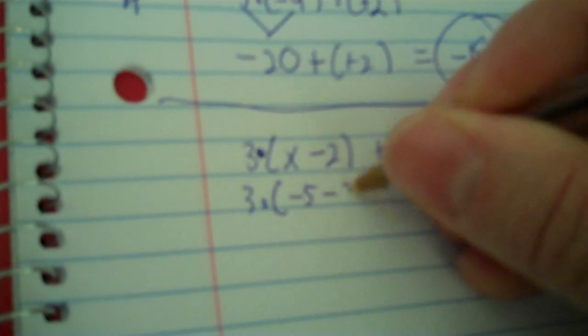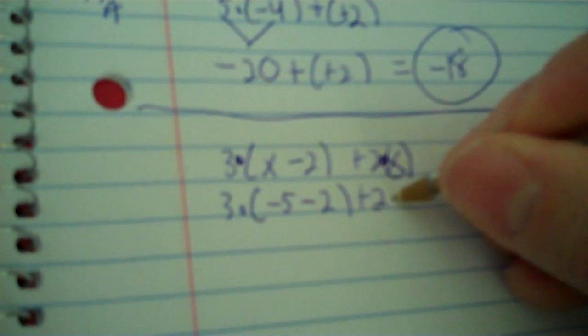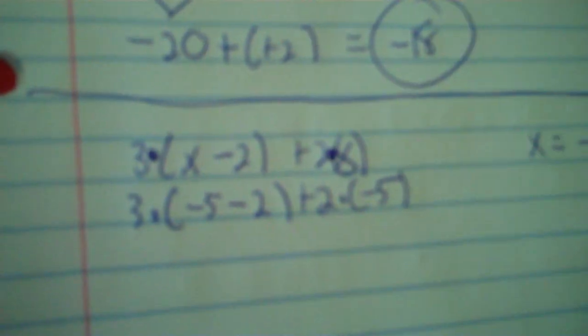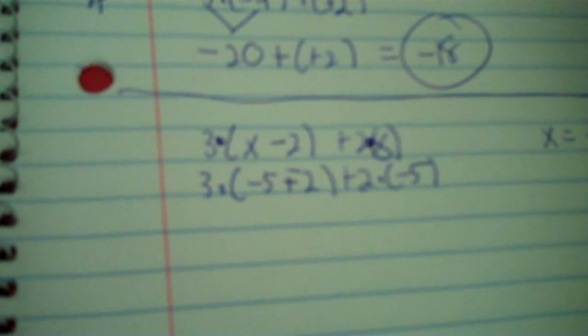So we have 3, -5 minus 2, plus 2 times the parentheses, -5. Okay, any minuses? 3 times -5 minus, okay, so plus -2. Plus 2 times -5. So all my minuses are fixed.